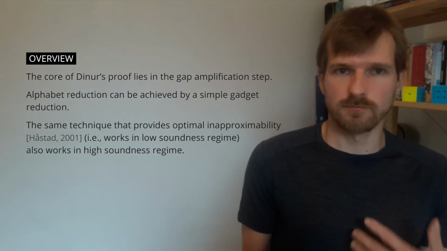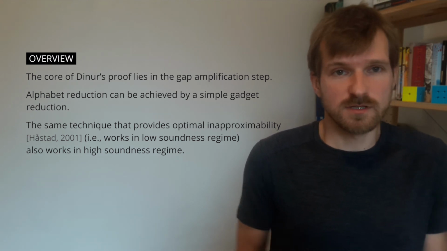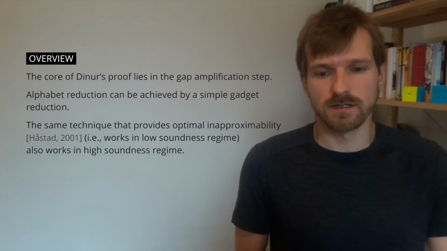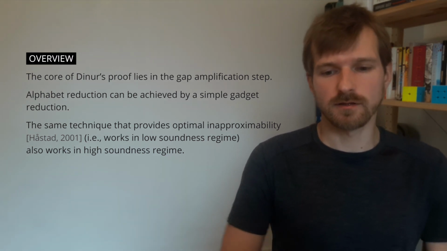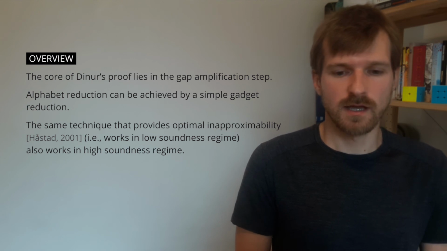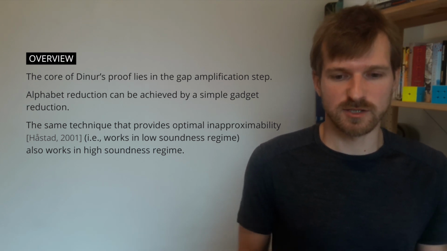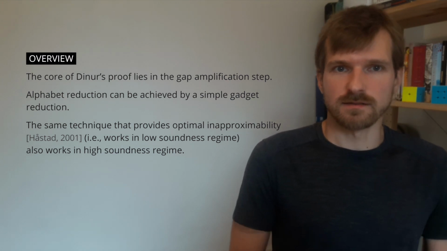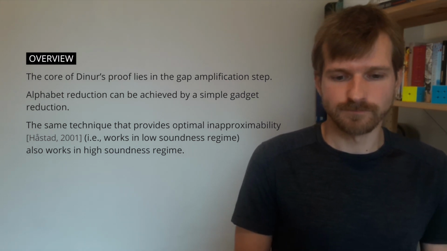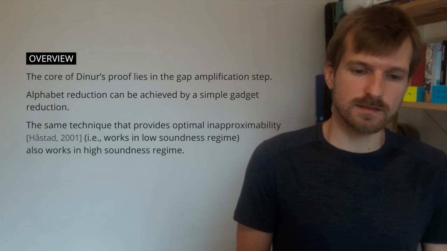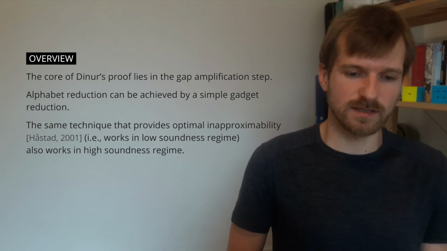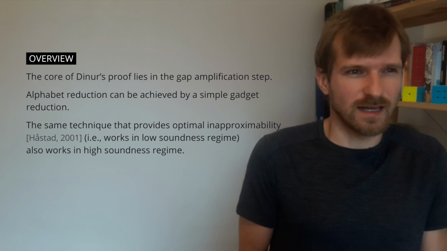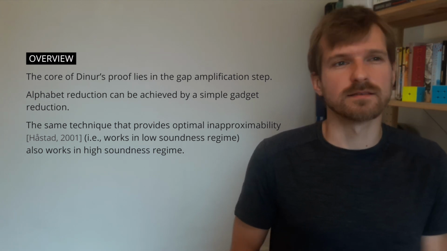And you can use this for the optimal inapproximability, which can be described as a low soundness regime, as well as in a high soundness regime of the PCP theorem.